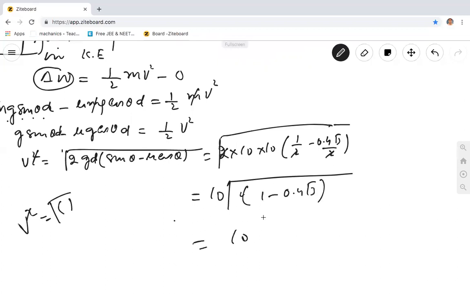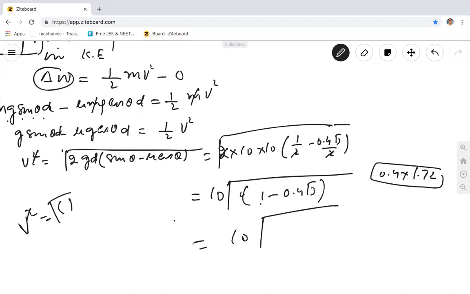What is 0.4 root 3? 0.4 into root 3 is 1.72. Okay, 0.69. You just calculate this and see the answer. 0.4 into 1.72, just multiply and then subtract from 1.